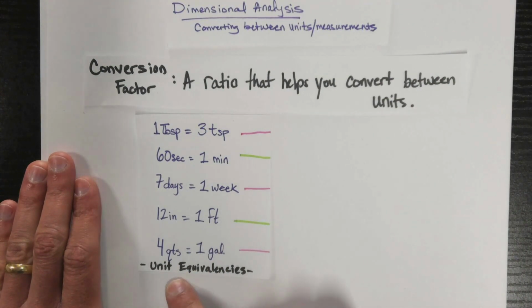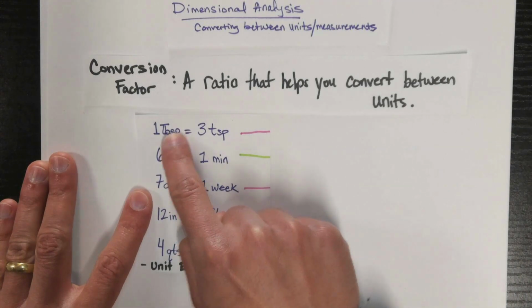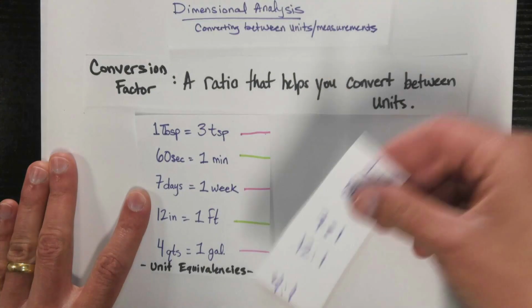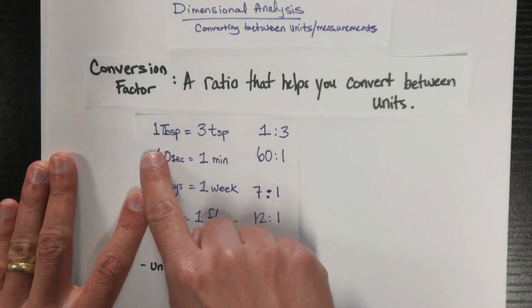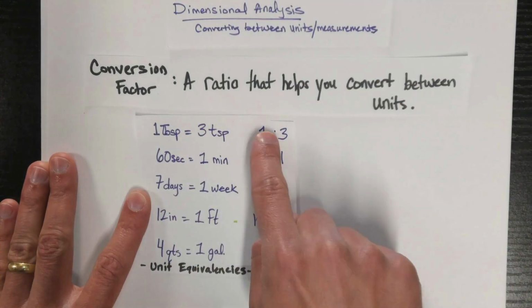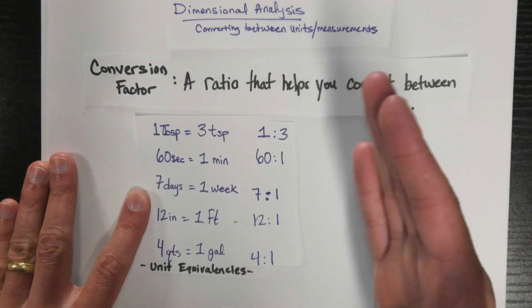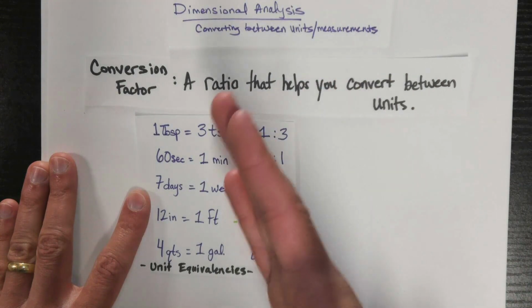I've written down here, it's called a unit equivalency. Now, what I mean by that is this unit is equal to this many of this unit. So the ratio of 1 tablespoon to 3 teaspoons, 1 to 3, is equivalent, meaning they are the same number, but they are measuring using different quantities.